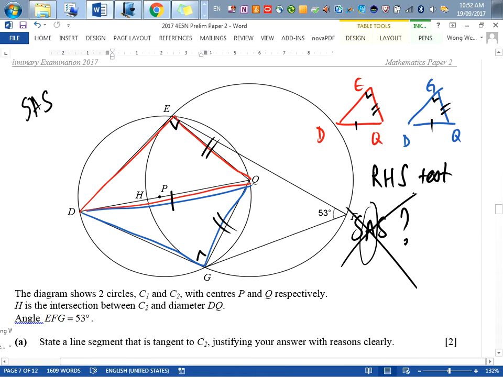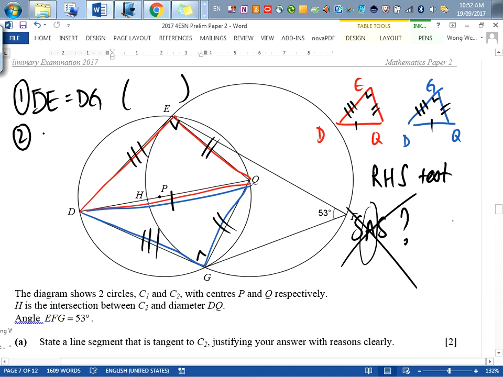Okay, if you want to use SAS test, Yuling, what do you propose? You mean this one? So, according to Yuling, we can use SAS test if we say, number one, DE is equals to DG, and then you state the reason because tangents from an external point.